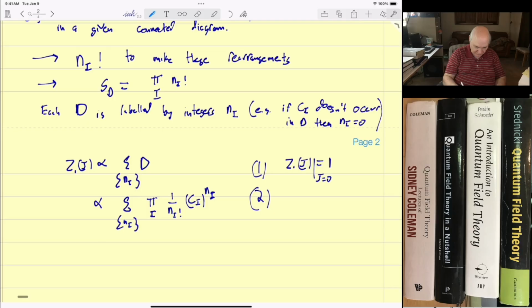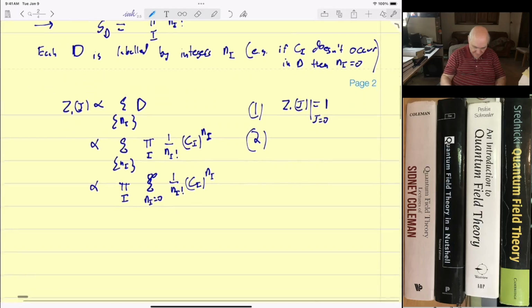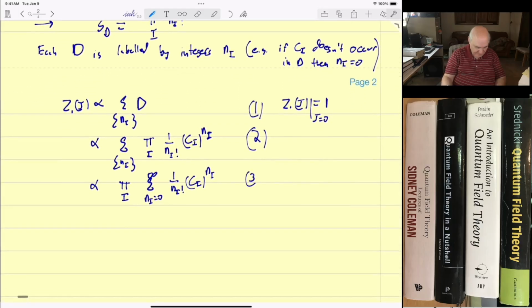And this is proportional. Now you can invert these products and sums, and I'll talk a little bit about that later. The product over i, the sum from ni equals 0 to infinity of 1 over ni factorial ci to the ni, call it 3.